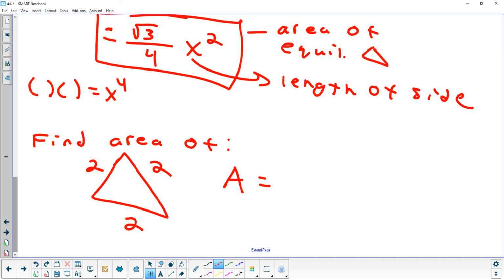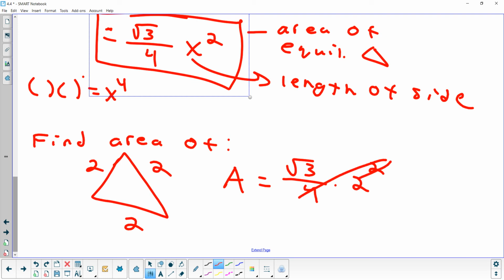James, what would I be filling in for x if I want to find the area of this triangle using that formula? 2. That's it. Square root of 3 over 4 times 2 squared. What's 2 squared, James? 4.